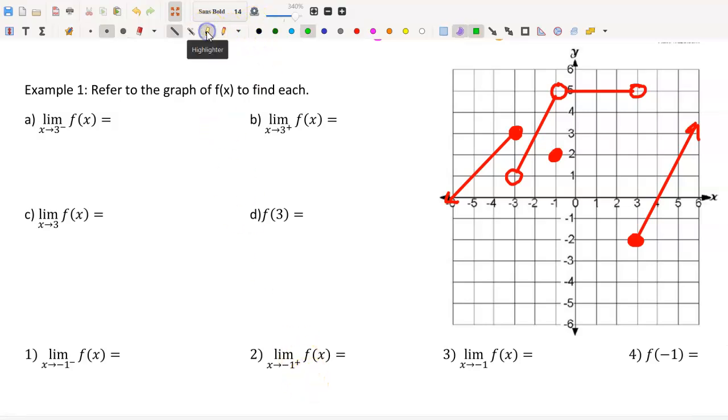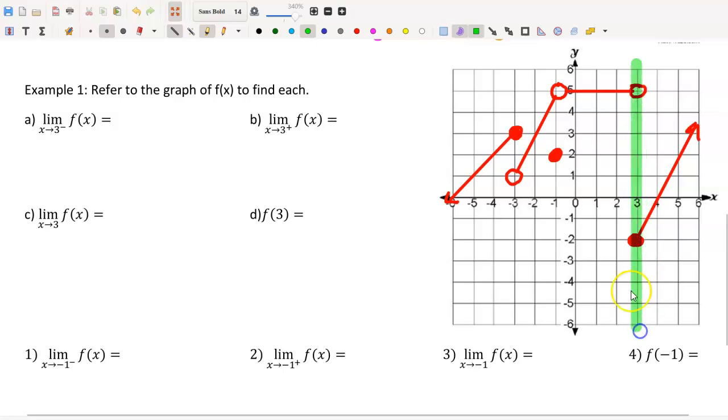So first we want to look at what's happening as x approaches +3. So we're talking about right here. It's good to mentally or actually do a dotted line or something so you can separate these two and help you out. So if we're going to look at approaches 3 from the left-hand side, that means we're approaching 3 from the left-hand side here.